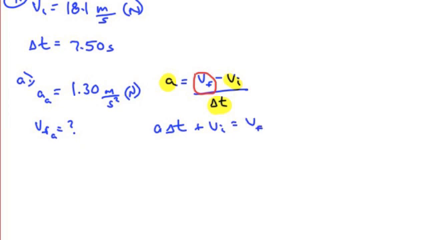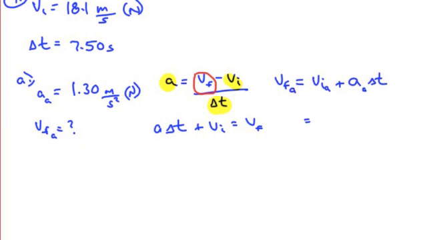So let's make it a little bit prettier over here. VFA equals VIA, or the initial velocity is the same for both, plus acceleration A times delta t. Oop, that should be an A right there. Sorry. Well, what is that?